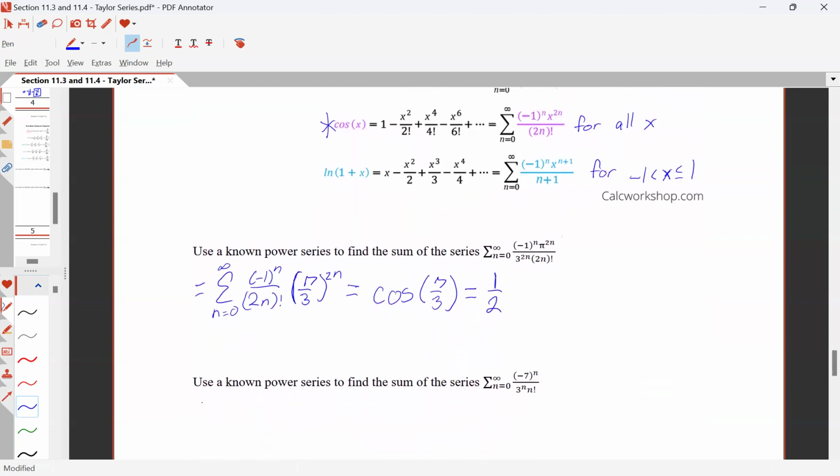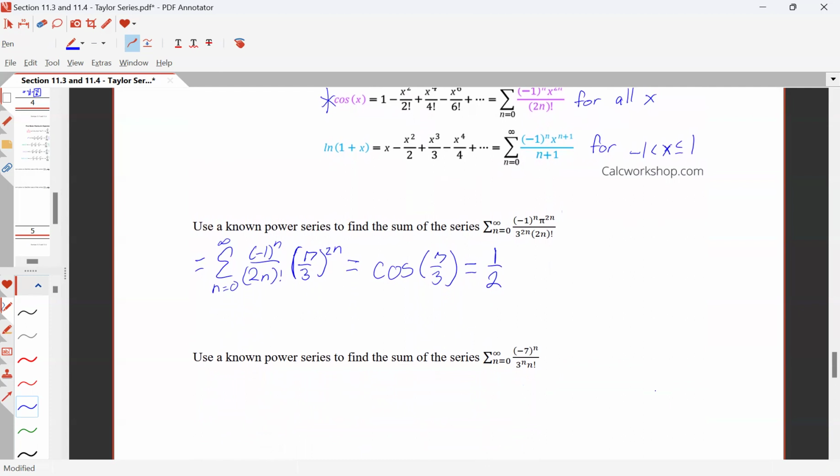Another example, using a known power series to find the sum of n equals 0 to infinity of negative 7 to the n over 3 to the n over n factorial. I'm going to do the same thing, gather these n's together. That gives us the series n equals 0 to infinity of negative 7/3 to the n all over n factorial.